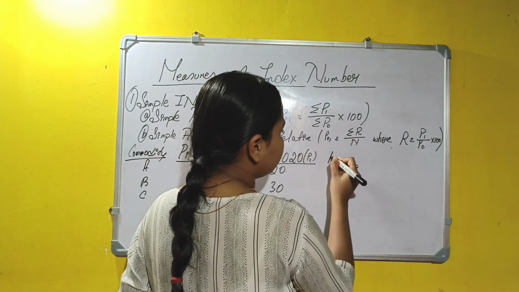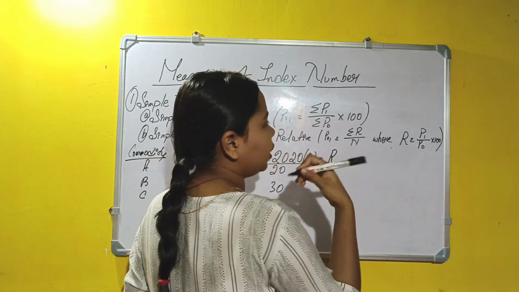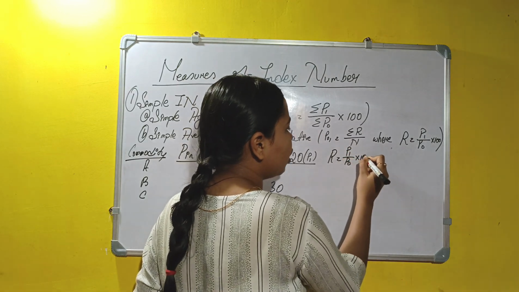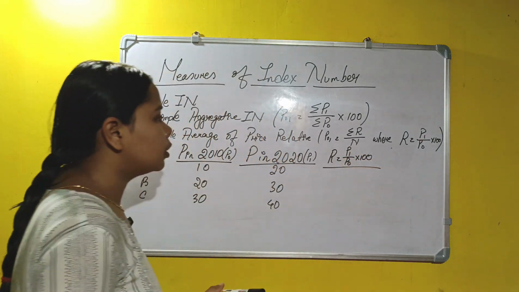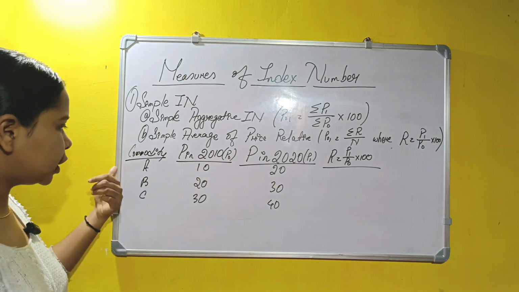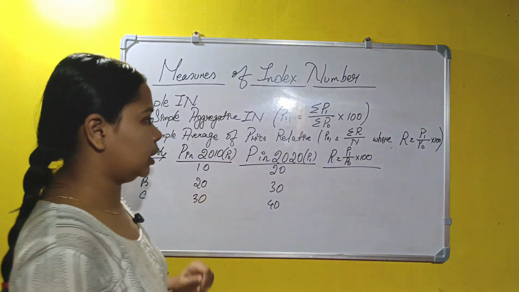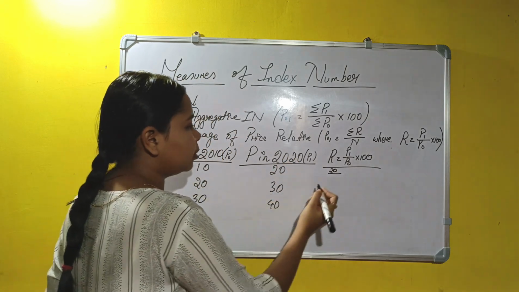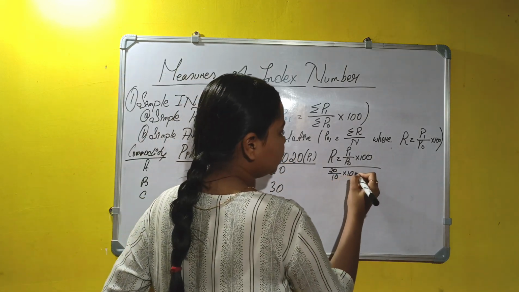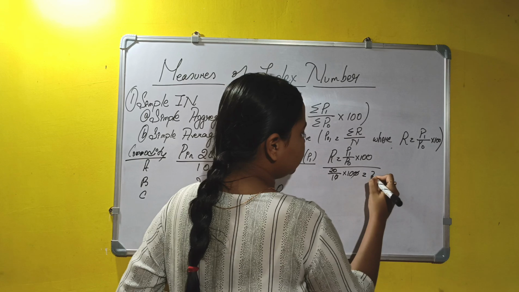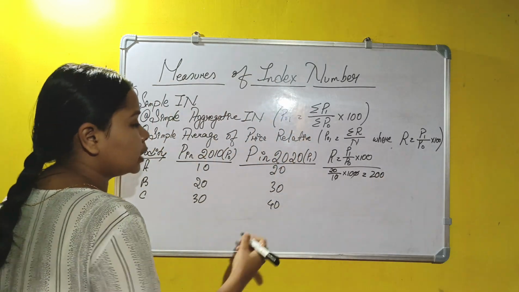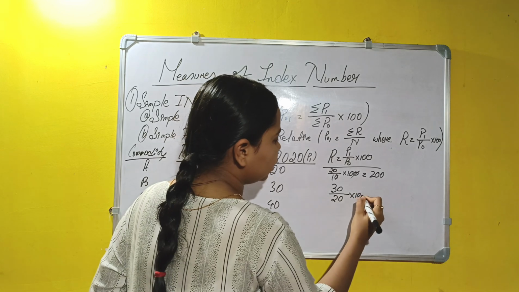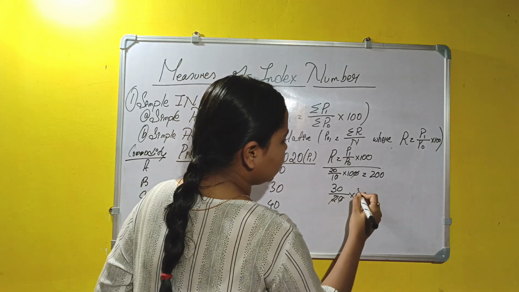Now here we will need to calculate R, where R is equal to P1 divided by P naught into 100. Simple enough. So for the first commodity A, the price is 20 in the present year, divided by 10, that is the base year, into 100, we will have 200. Next, 30 divided by 20 into 100, we will get 150.